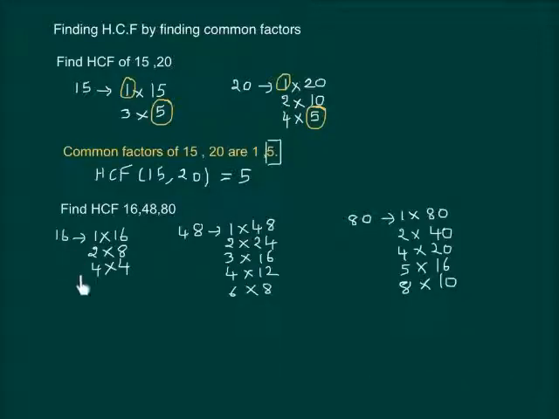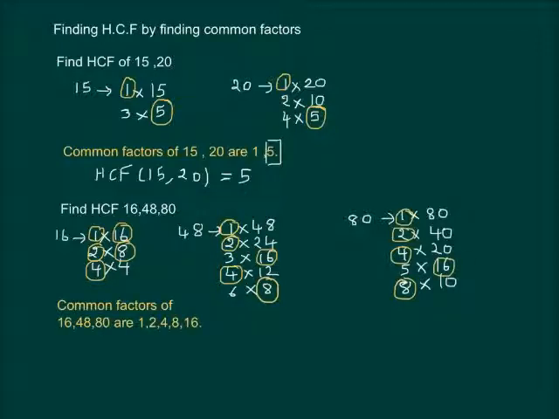After writing down all the factors of the three numbers, let us mark the common factors. 1 is common to all of them. 2 is a common factor. 4 is a common factor. 8 is a common factor. And 16 is also a common factor.